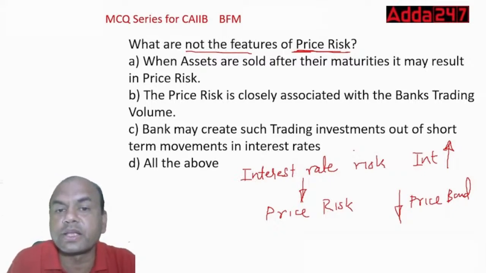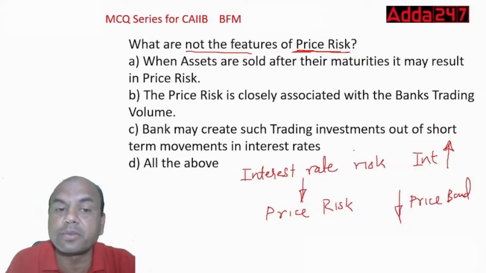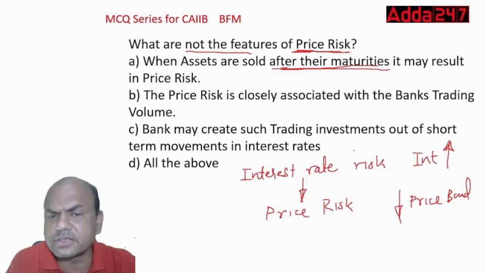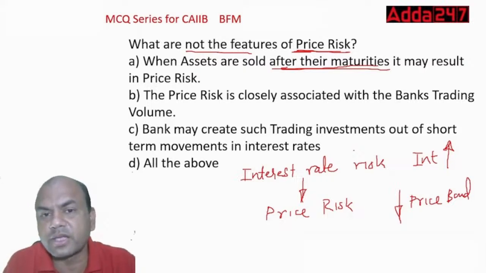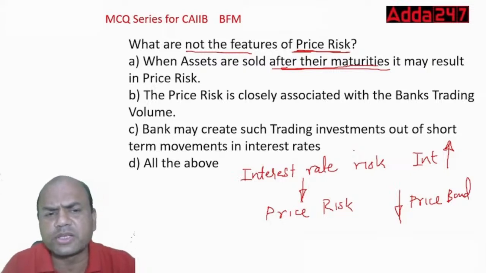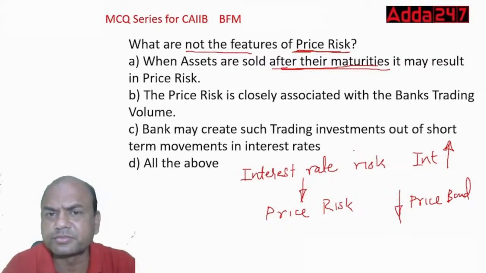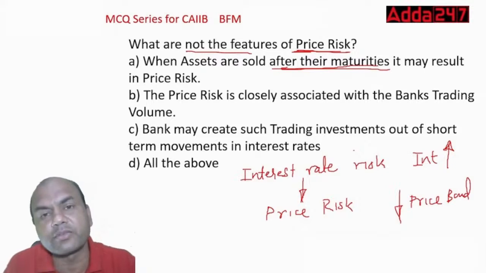So which of the following is not a feature of price risk? When the assets are sold after their maturity, it may result in price risk. Is it so? After the maturity, whatever the final amount is, I've got it.